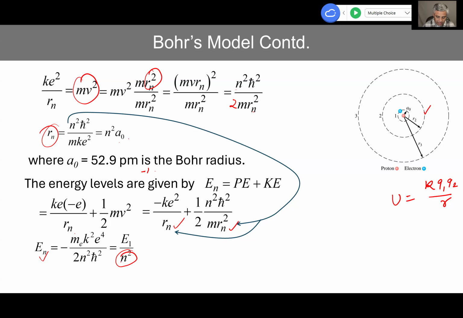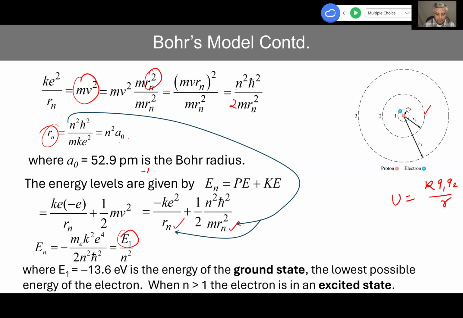Okay, so that's that. So all these constants except the n square, including the negative sign, is called E1, and that is the total energy of an electron when it is at ground state. Okay, and it turns out that when we plug in all these numbers and calculate, we get this much in terms of electron volt.